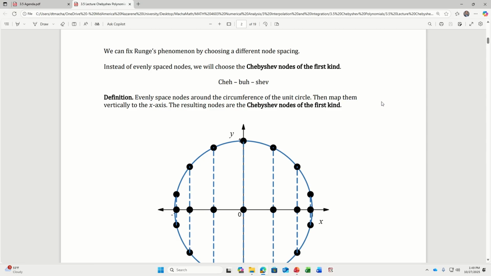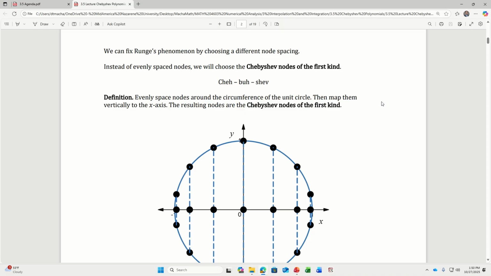So here's what we do. I can fix Runge's phenomenon by choosing a different node spacing. Instead of choosing evenly spaced nodes that give us this problem, I'm going to use Chebyshev nodes of the first kind. The way we choose Chebyshev nodes of the first kind is that I'm going to place evenly spaced points around the circle and then map those points down onto the x-axis.